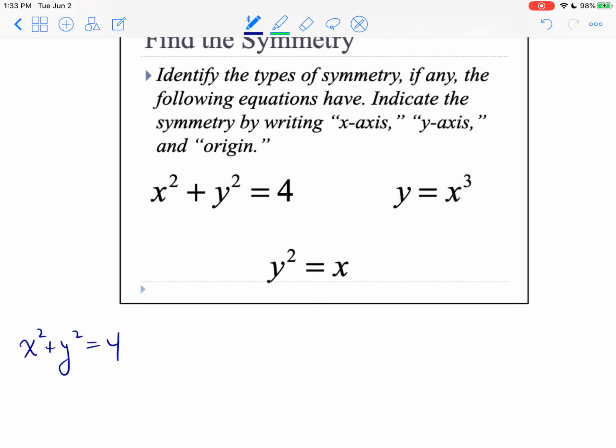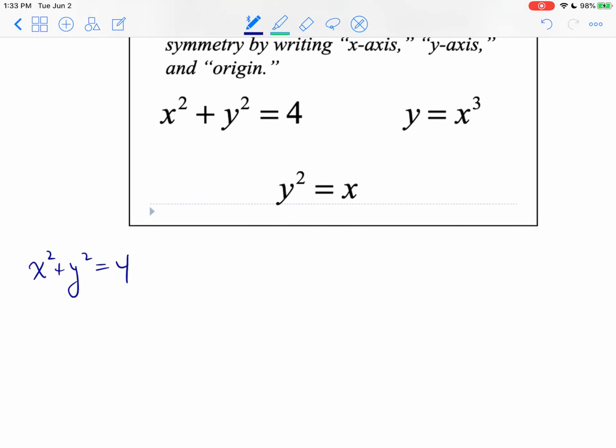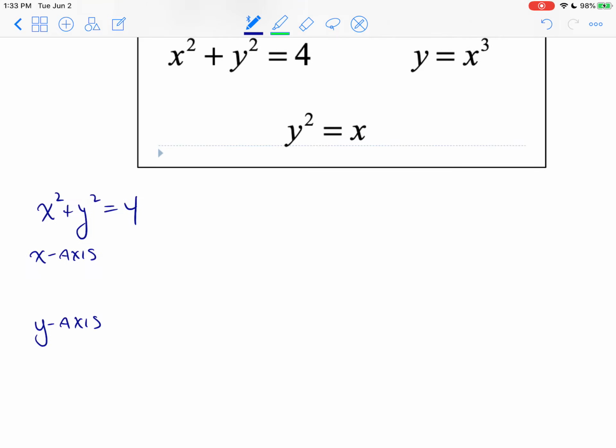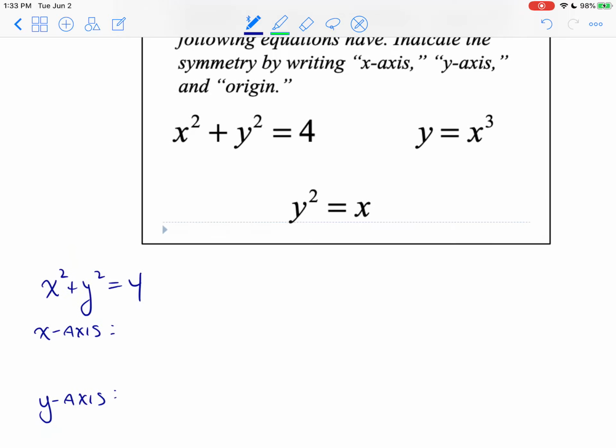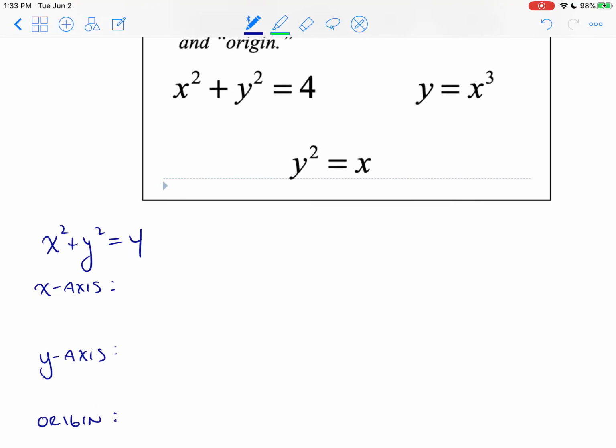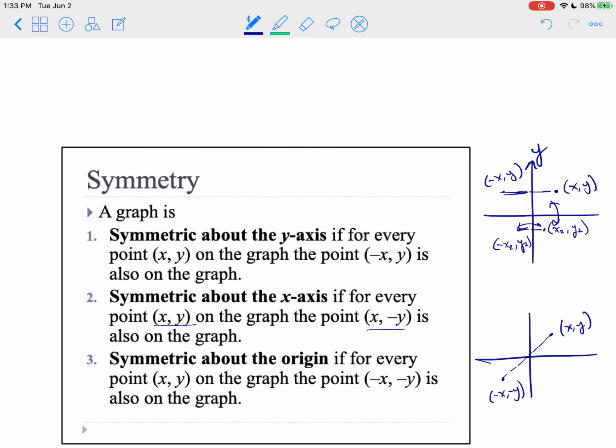We're going to test our x-axis symmetry, our y-axis symmetry, and our origin symmetry for this one equation.